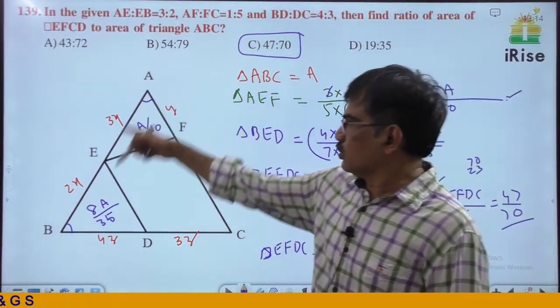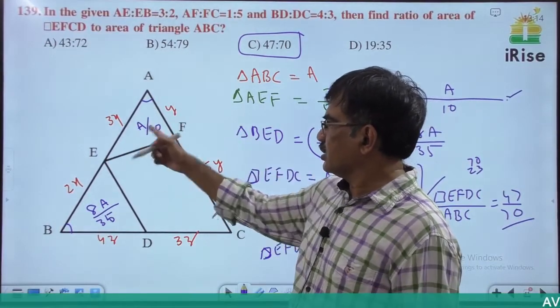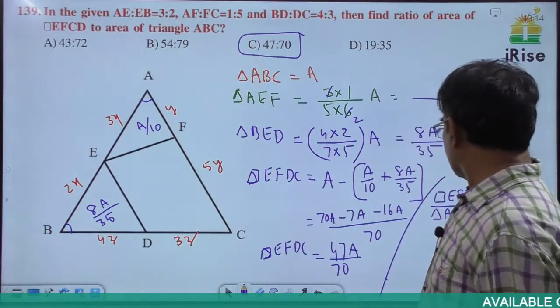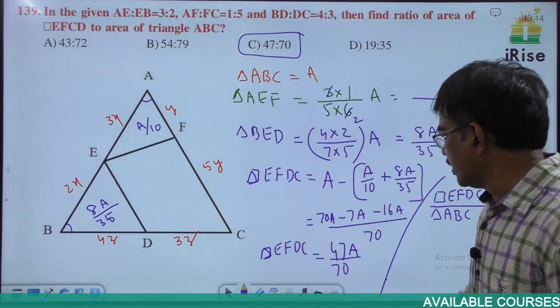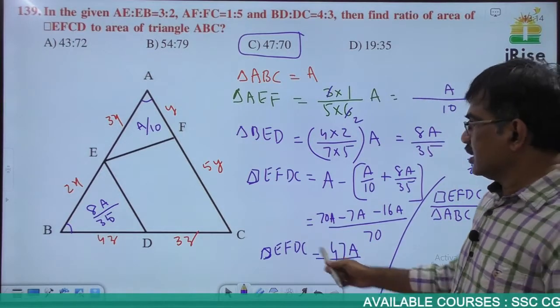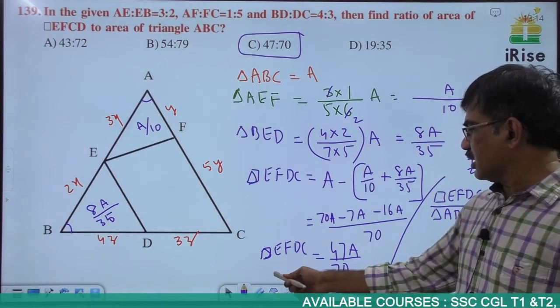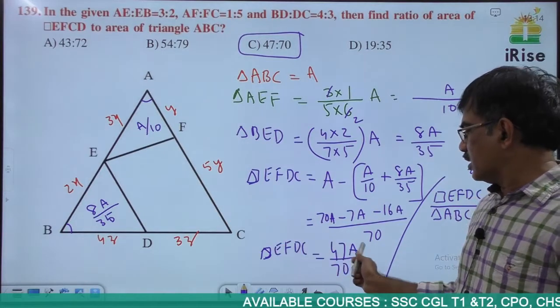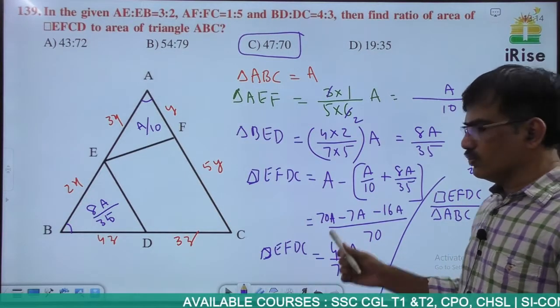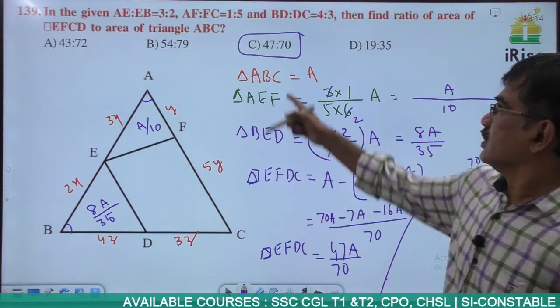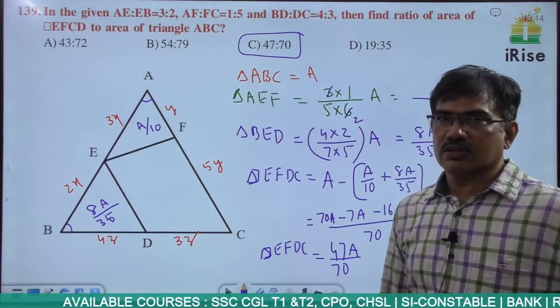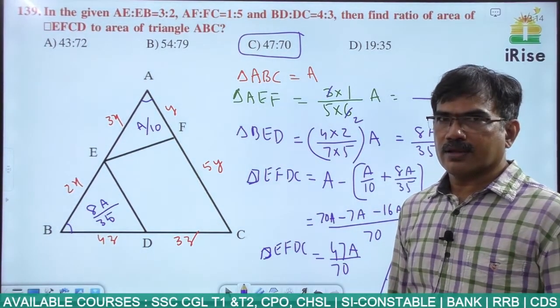The total area is A minus these two parts, which gives the area of this, nothing but 47A by 70, where A is the area of the big triangle. So just cross multiply: area of quadrilateral by total area of the triangle is equal to 47 by 70, which is 47 is to 70. Very good question. Okay, next one.